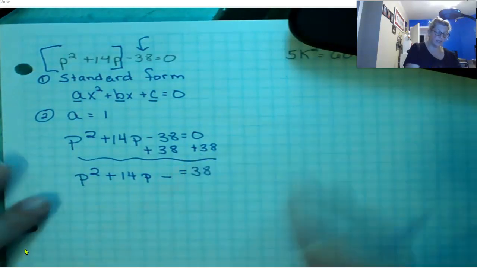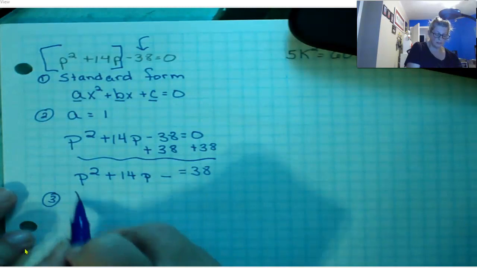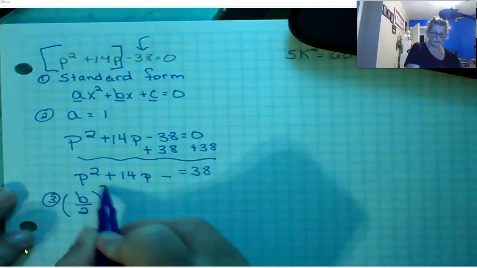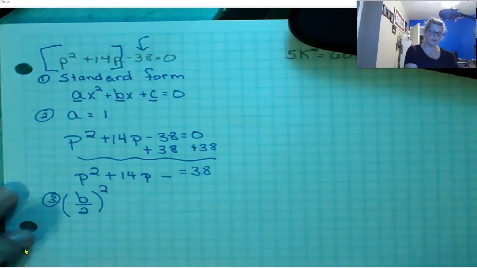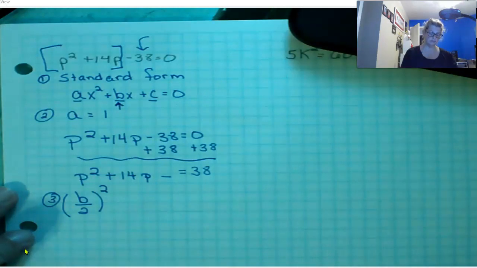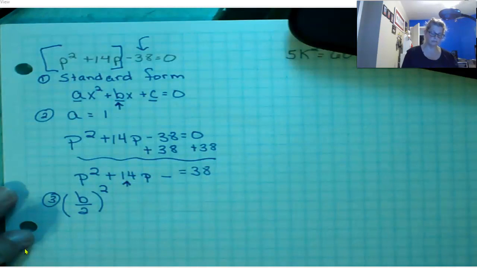If you remember, that's b divided by 2, quantity squared. Our b is right here. In our problem, our b is 14.